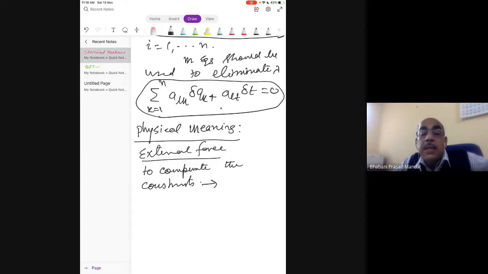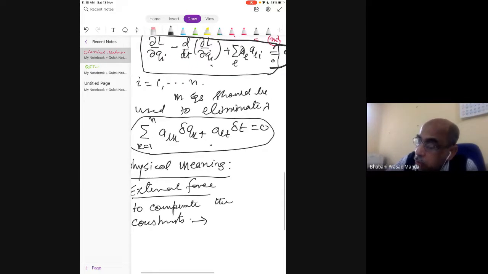We are imagining the situation where we apply some external force, and then you can think that this external force compensates this. So this is also clear from the equation of motion.